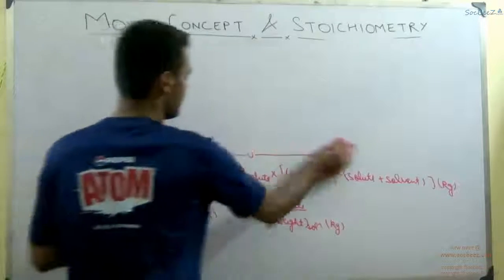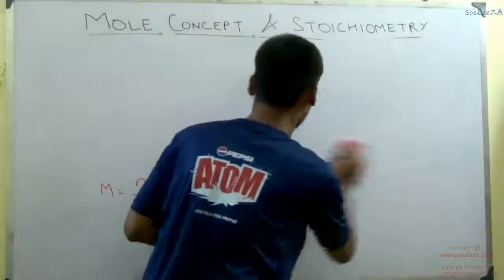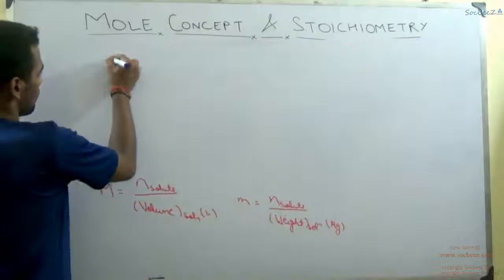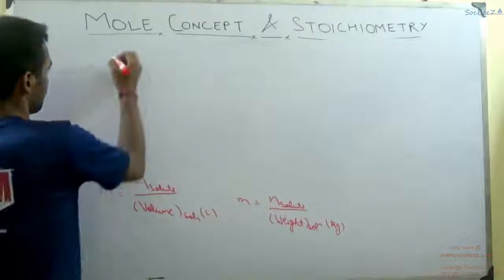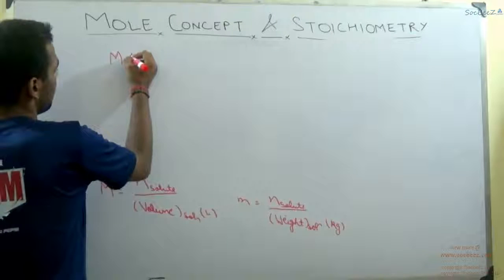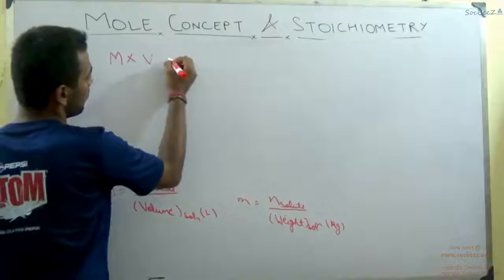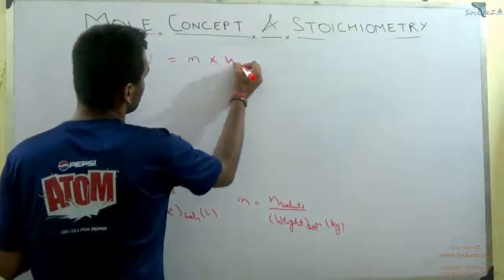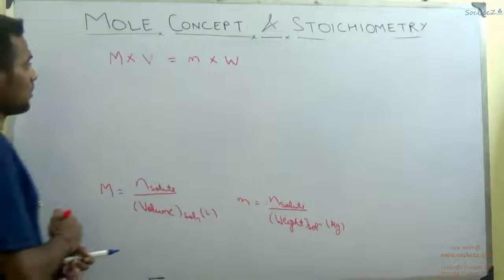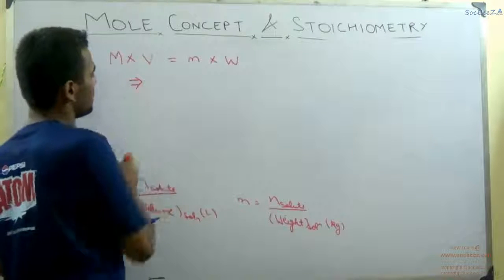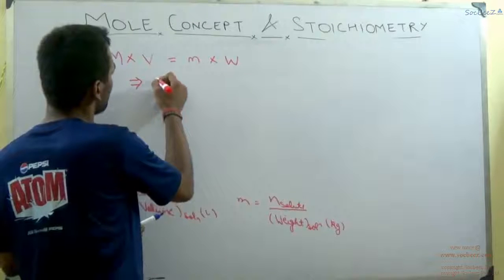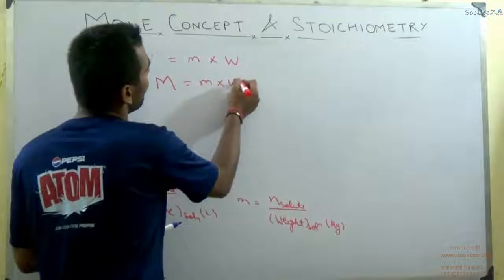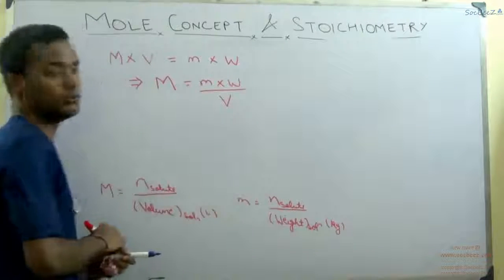So here, equating the number of moles of solute, we will get molarity into volume equals molality into weight. Okay, so now if we rearrange this expression, we will get molarity equals molality into weight upon volume.